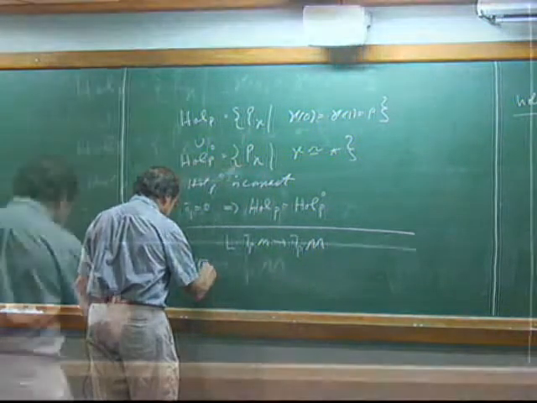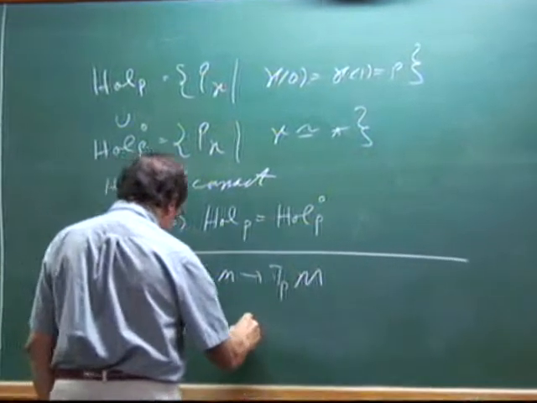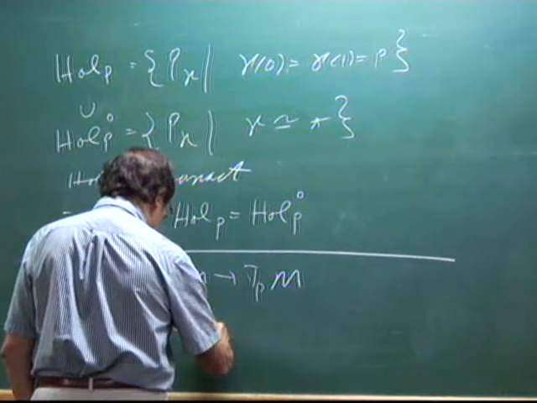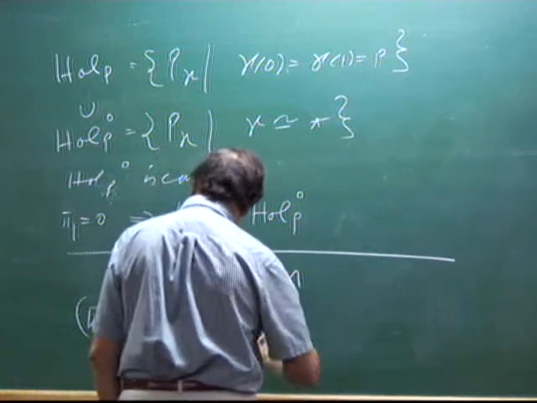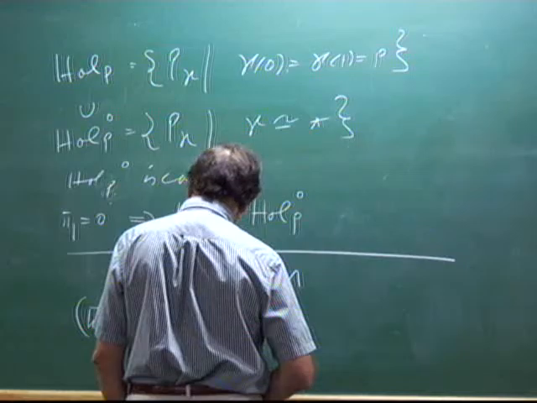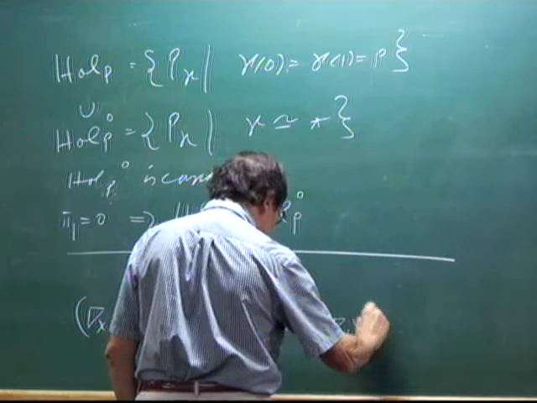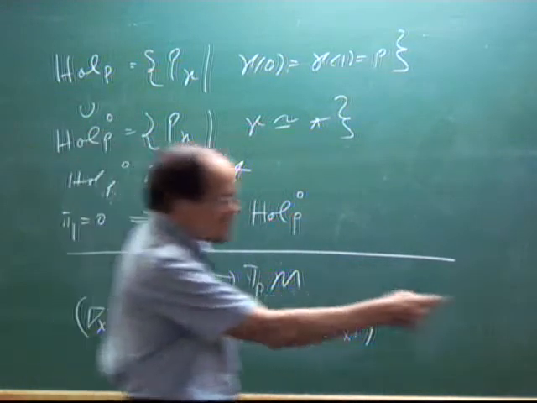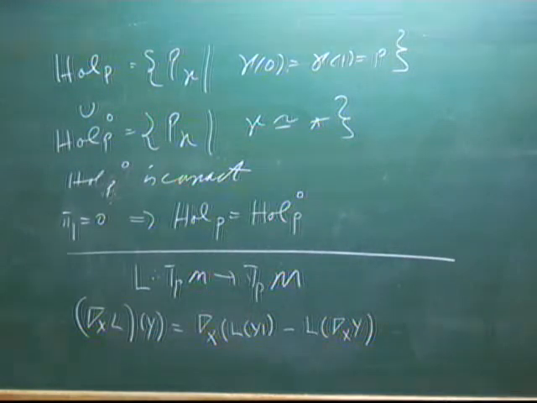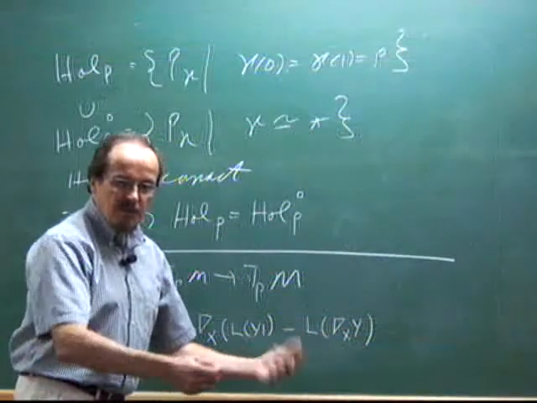Nabla_X L applied to Y is nabla_X applied to LY, minus L applied to nabla_X Y. I think that's what it is. Of course, if you have several arguments, you do the corresponding thing once in each component and add them up together.